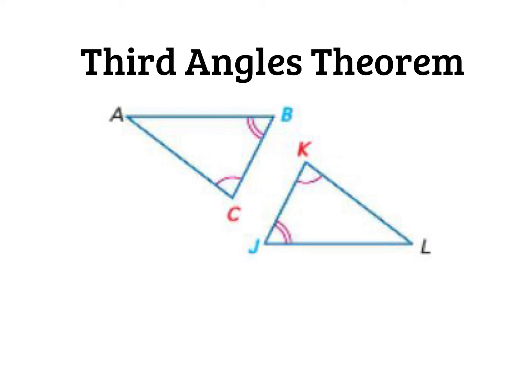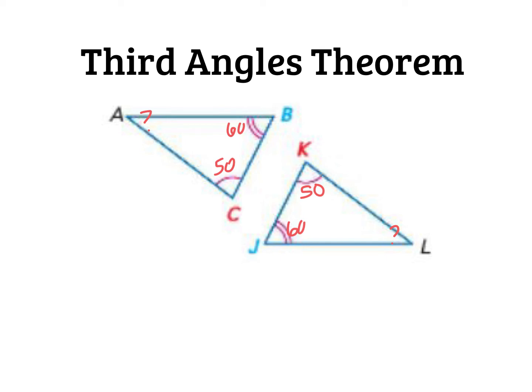Well, let's say here we have this is 50 degrees and this is 60 degrees. If we were trying to find this missing angle, angle A or angle L, we would have to add them up and subtract it from 180. So 50 plus 60 is 110, which means we would have 70 left over. All triangles add up to 180 degrees.